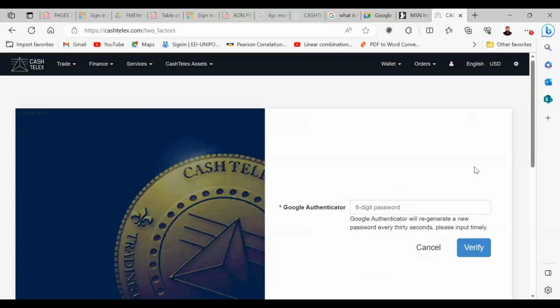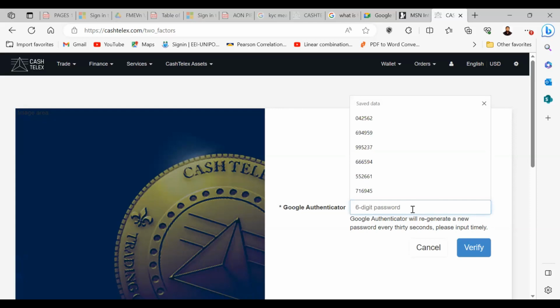I don't know if Captain Ilbas told you, when he was telling you how to sign up, that you must download a Google Authenticator that you are going to synchronize with your account. If you have that, you just go to your phone and generate the Google Authenticator password from the app you have on your phone, which I'm going to generate now.